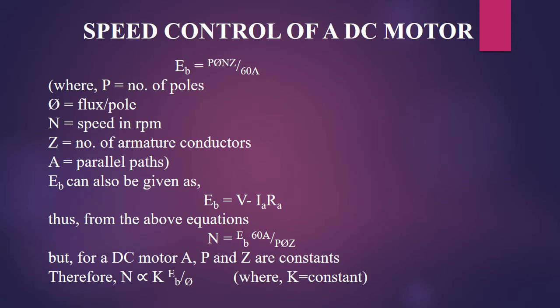Thus, the above equations can be written as N is equal to Eb into 60A by P phi Z. But for the DC motor, A, P and Z are constants. Therefore, N is directly proportional to K Eb by phi, where K is a constant.